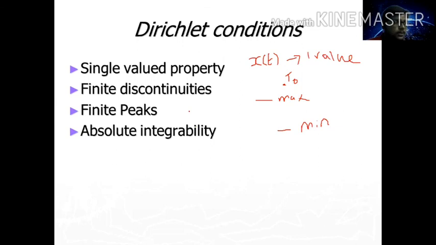Fourth one is absolute integrability. The same signal x of t should be absolutely integrable. It means the integration of modulus of x of t is always less than infinity within the period of t naught.